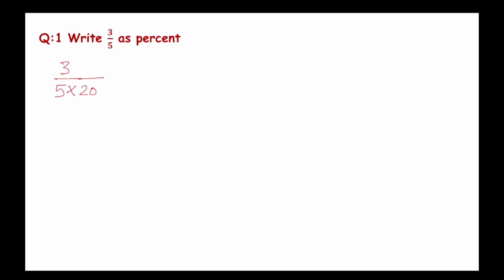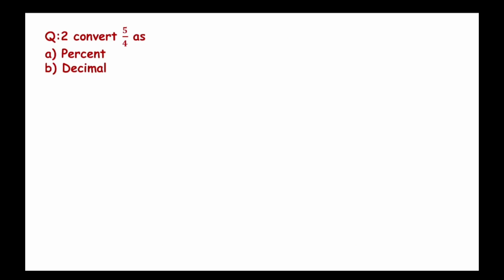But if I multiply the denominator by 20, I have to multiply the numerator by 20 also. So 20 times 3 is 60 and 20 times 5 is 100. Now I can write 60%. This is how we convert a given fraction into percent if the fraction doesn't have 100 in the denominator.